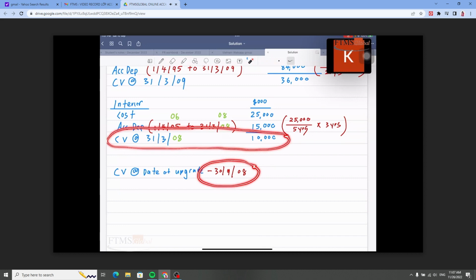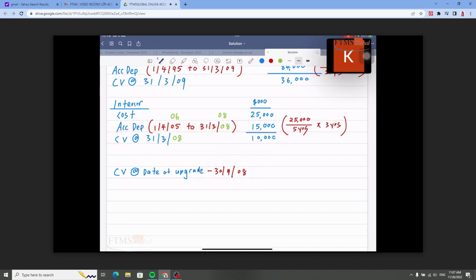So I continue to depreciate from 1st April 08 all the way until 30th September 08. Like that, continue.